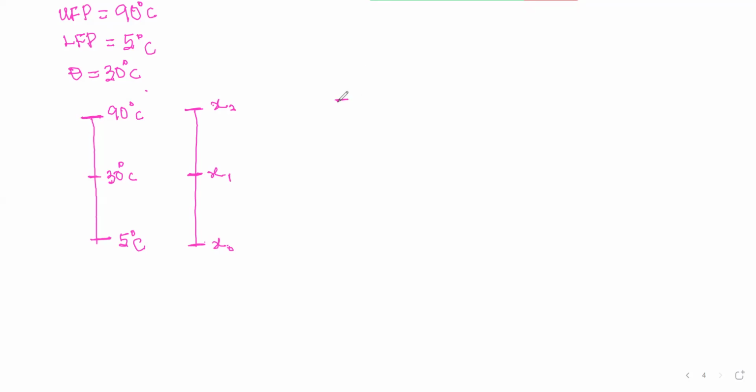Looking at what we initially discussed, at lower fixed point 0, upper fixed point 100, this is divided into 100 equal divisions, the centigrade scale. And so if we have x naught and then x2, x1 will be that corresponding temperature.